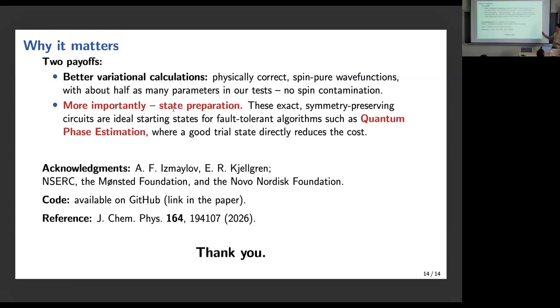And if you do start with a good trial state prepared using the variational calculations, then the cost of the quantum phase estimation is also going to be a lot cheaper. And you will also be preserving the required spin symmetries in this case.